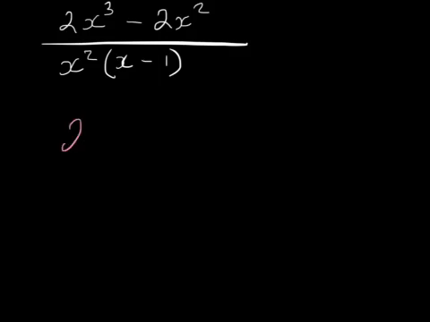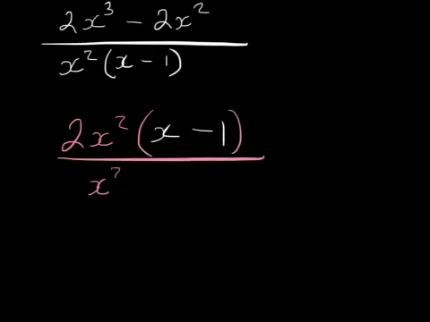So if I take them both out, 2x squared, it leaves me with, well, 2 divided by 2 gives me 1, and 3x take away 2 leaves me with 1x, minus, again 2 divided by 2 leaves me with 1. I have 2x's here, I take away 2, so x squared divided by x squared leaves me with 1. So I need to put that placeholder over my x squared x minus 1.